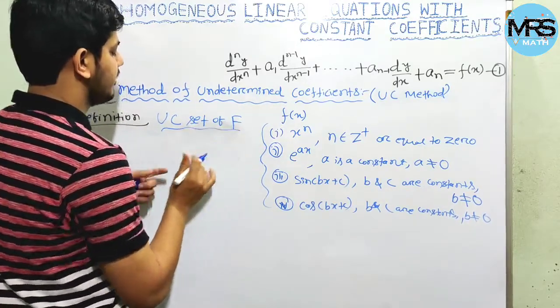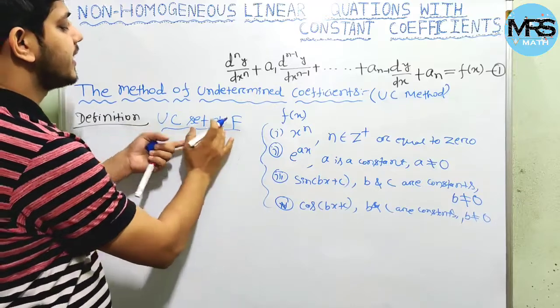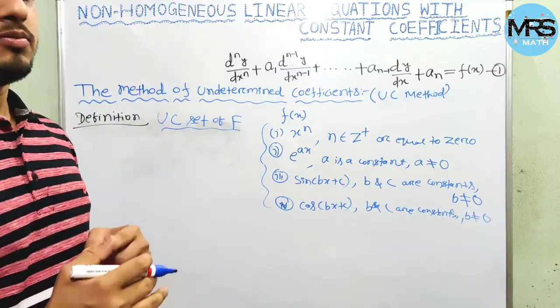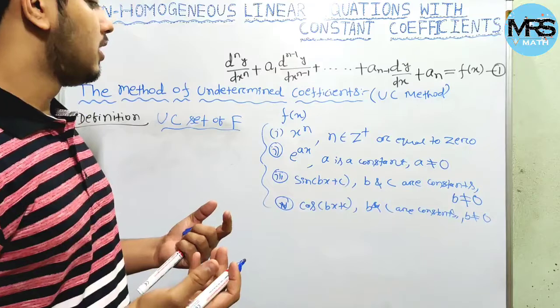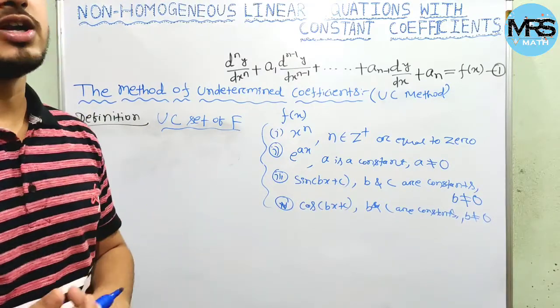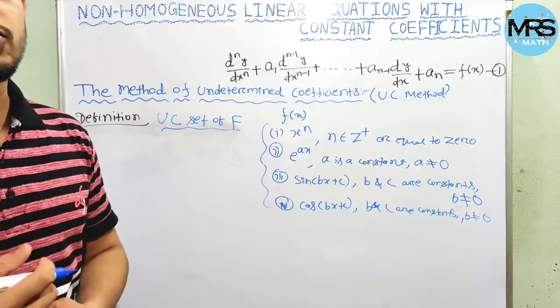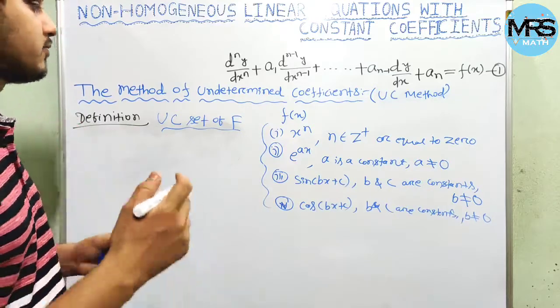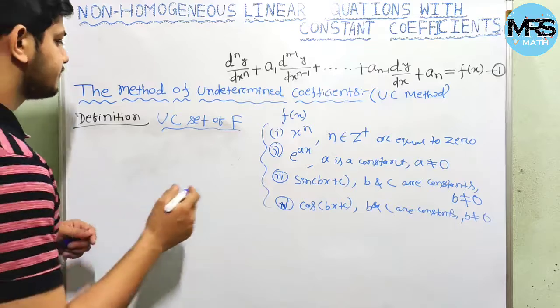It means how we can get the UC set of any undetermined coefficient function. So write down the definition.